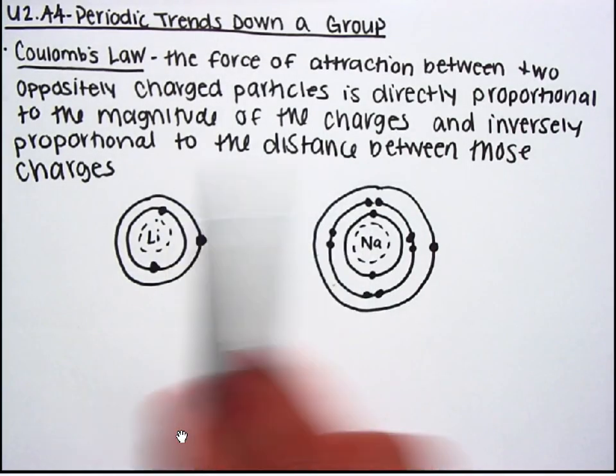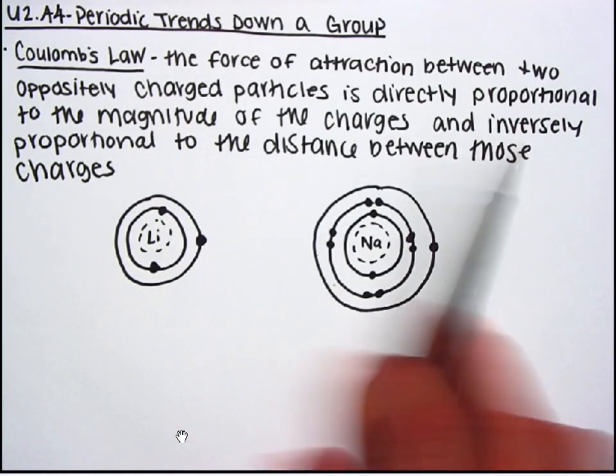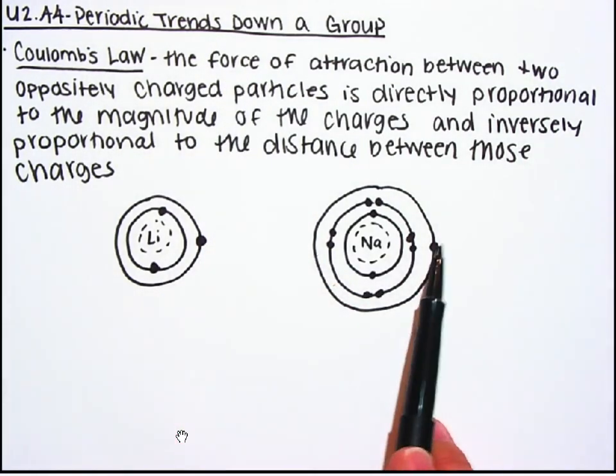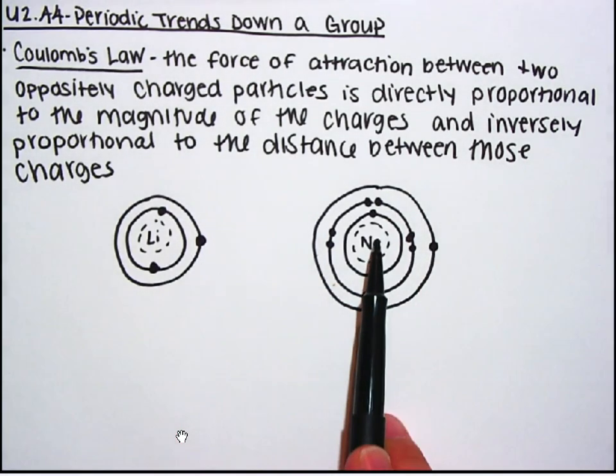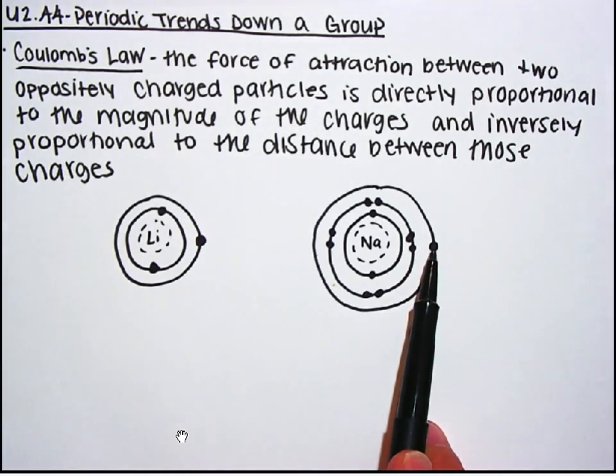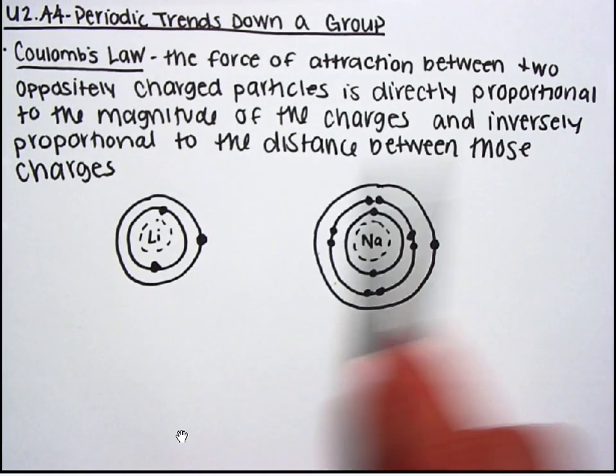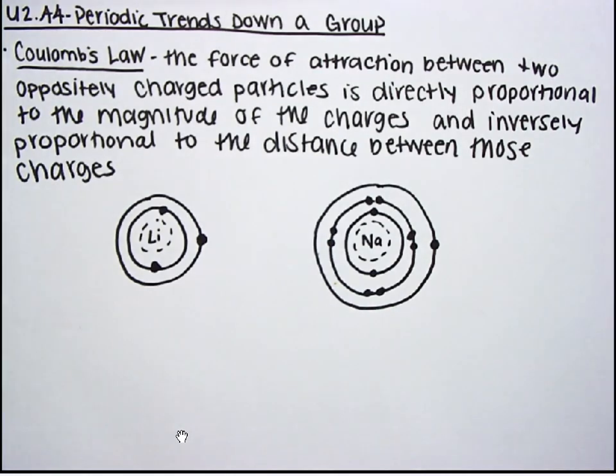Let's look at the second part of this. Coulomb's law says the force of attraction between our positively charged nucleus and those negatively charged electrons is inversely proportional to the distance.